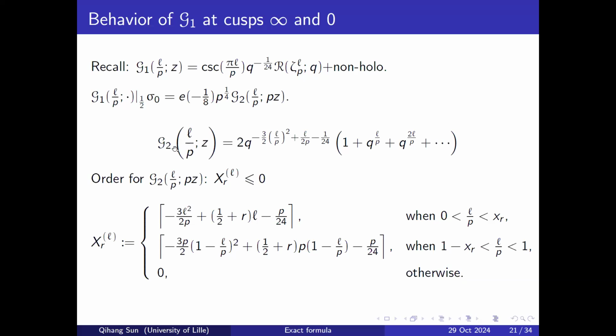And for the expansion of G2 at cusp infinity, we can see something happens here. We can see this equation happen again. 3/2 x squared, 1/2 x, 1/24, and everything here, every term, if you multiply it in front of it, is 1/2 plus 1, 1/2 plus 0, 1/2 plus 1, 1/2 plus r, and this one has to be negative to make it the principal part.